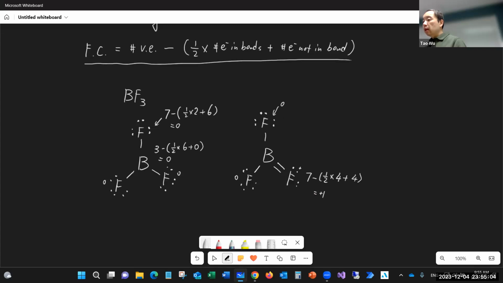So this fluorine has a plus 1 formal charge. And if you're looking at the boron, it has 3 minus 1/2 times the number of electrons in bonds, which is 8 over here. Number of electrons not in bonds, there are none. So 3 minus 4, you get -1. So the boron has a -1, one fluorine has a positive 1, and the others have 0.